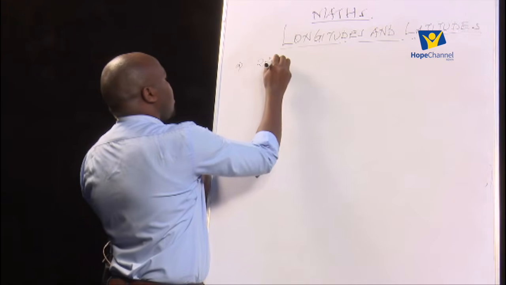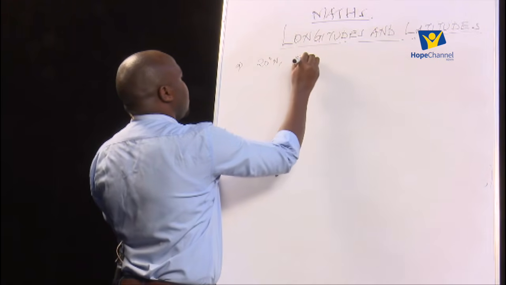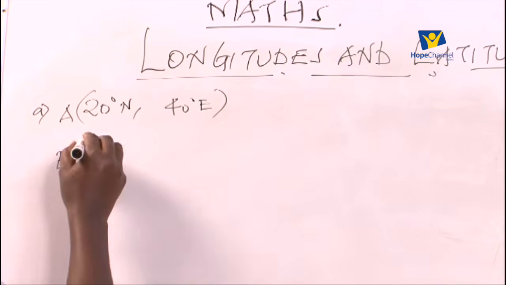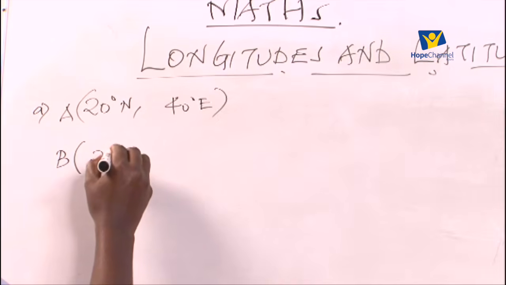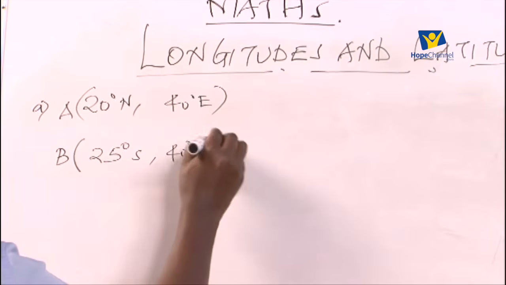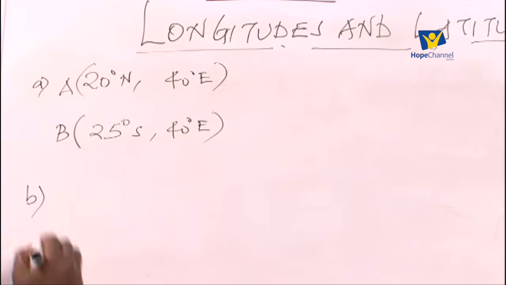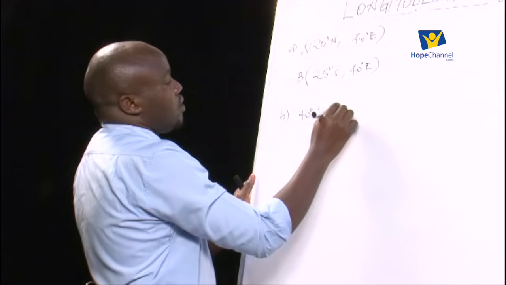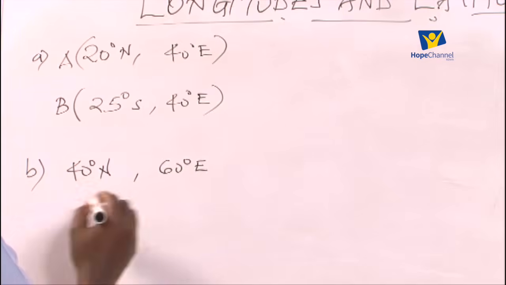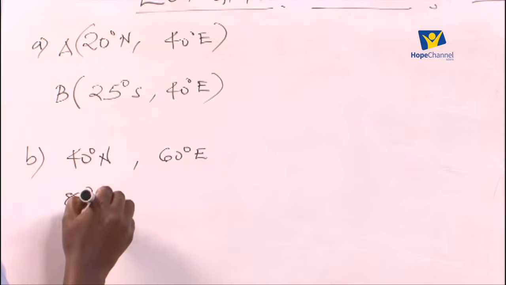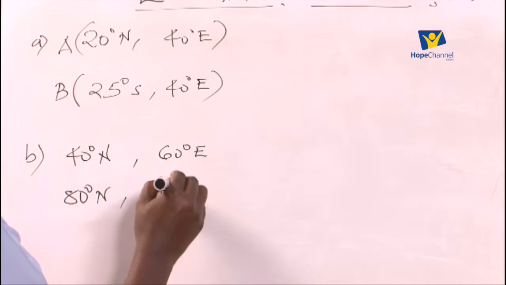Point A, 20 degrees north, 40 degrees east, and point B, 25 degrees south, 40 degrees east. Then let's have 40 degrees north, 60 degrees east, and 80 degrees north, 40 degrees west.